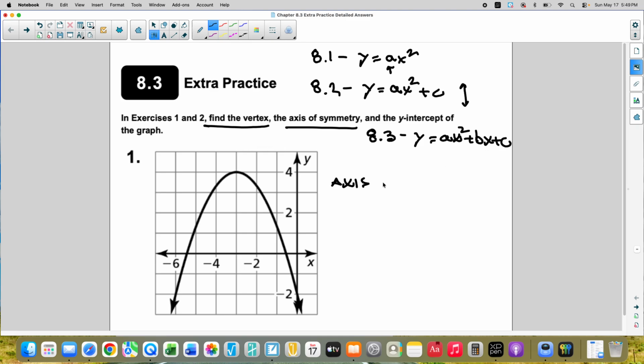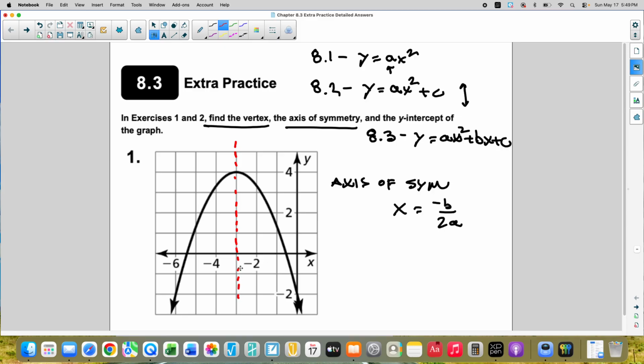The axis of symmetry is going to be this equation, x equals the opposite of b over 2a, using this b value and this a value. And that's going to find our x line looking like this. So this is our axis of symmetry.